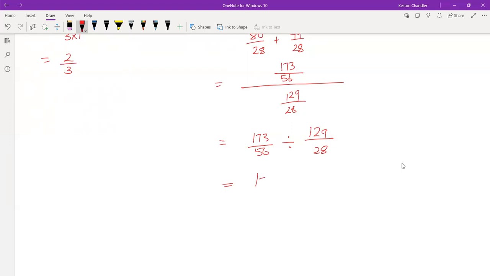we have to change this to multiplication and flip the fraction. Tidy this up.